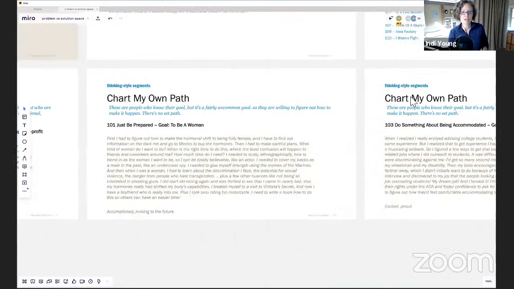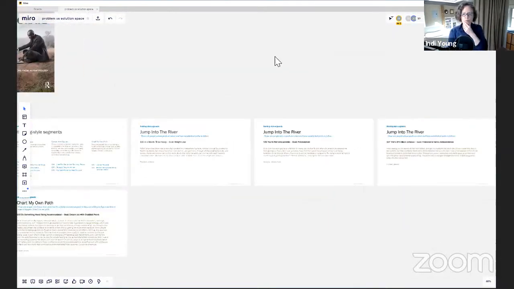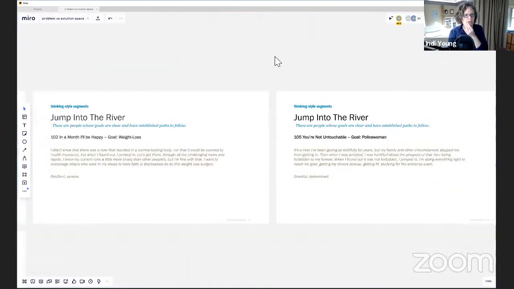Whereas the first one is called jump into the river. Essentially it's, I'm gonna make a personal identity change that I know other people have done and been successful at. So one person wanted to be a boxer as a female.